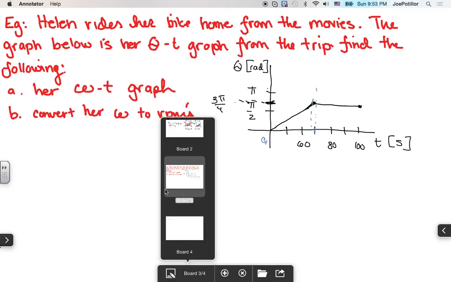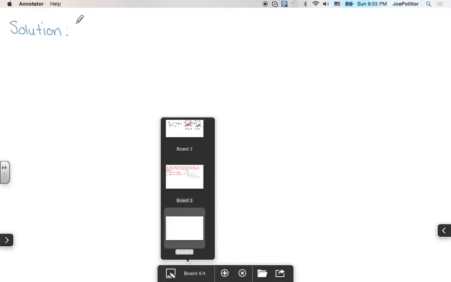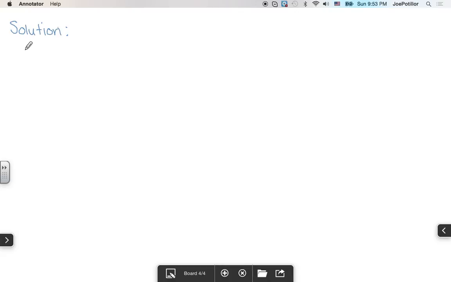Let's go back to page 4. So we can see the solution first is to understand what we're doing. Since in this situation everything's given in a graph, normally we do knowns and unknowns, but not in this situation because that's not given.